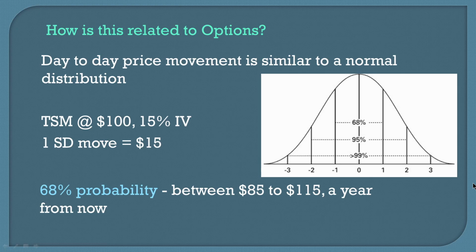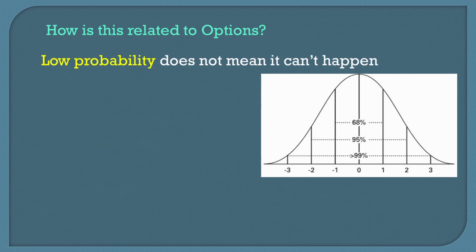As you widen the price range or increase the number of standard deviations, you become more and more confident that the future price for TSM will be within that range. However, please be careful and note that just because there is a low probability for the stock to be outside that price range does not mean it can't happen. In this example, at 3 standard deviations, the price range will be $55 to $145.